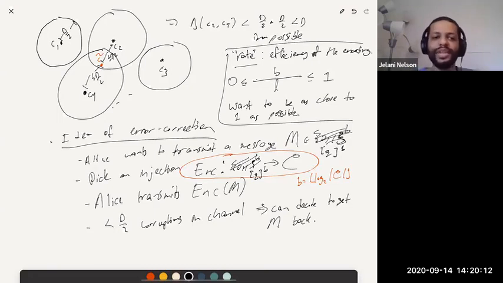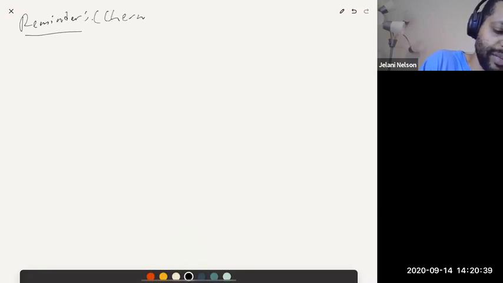So anyway, the name of the game is I want to get as many code words as I can. So let's show that there do exist good codes, meaning that I can get the size of the code to be big. So, theorem. Before I write the theorem, let me write a Chernoff bound as a reminder, because we're going to use it to prove this.